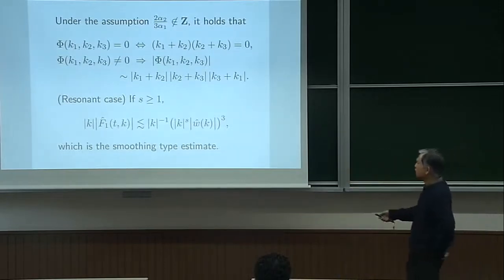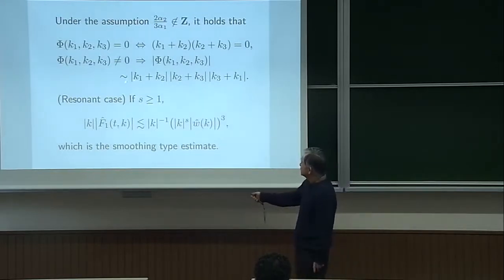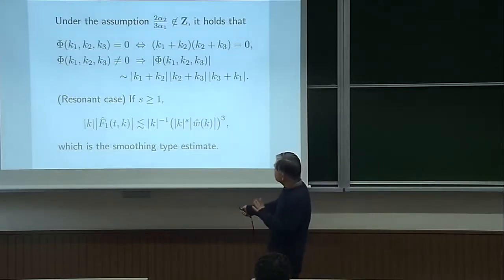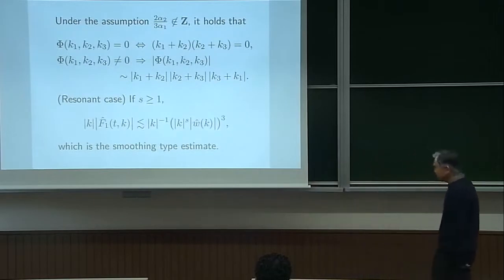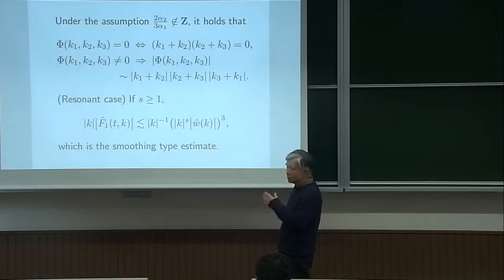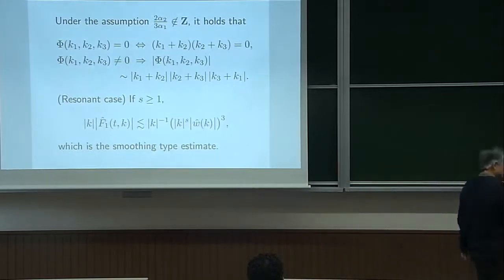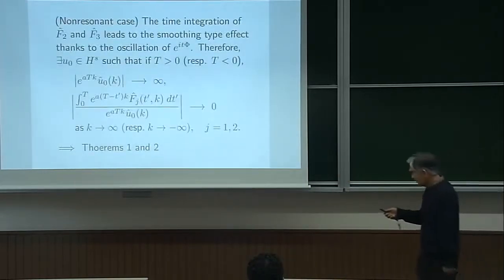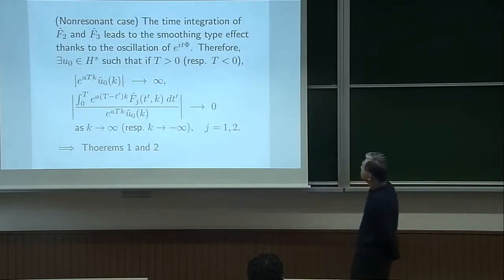As I already told you, if S is larger than or equal to 1, this is the energy space. The resonance term can be easily controlled. But if we consider the solution in a bigger class than the energy space, this is the worst term, the worst case. So let me go to the non-resonant case.